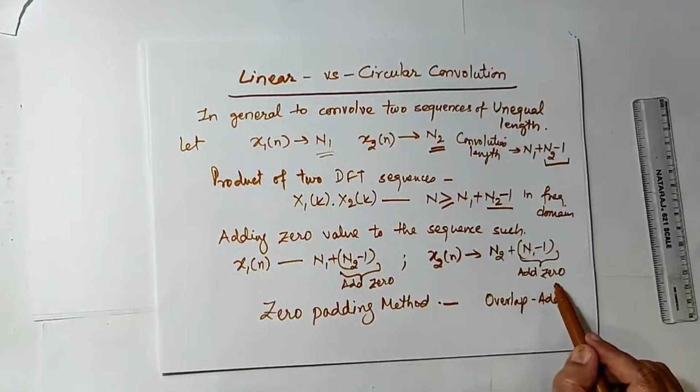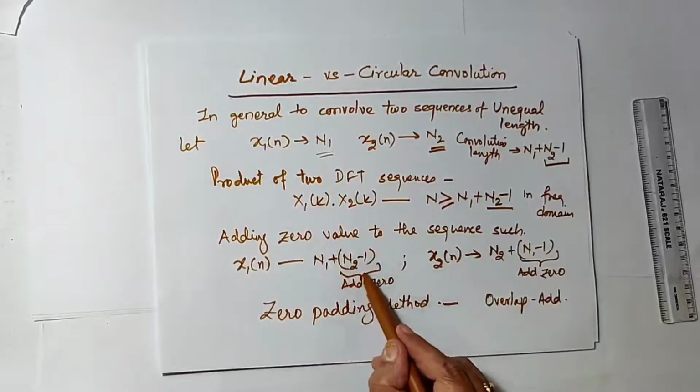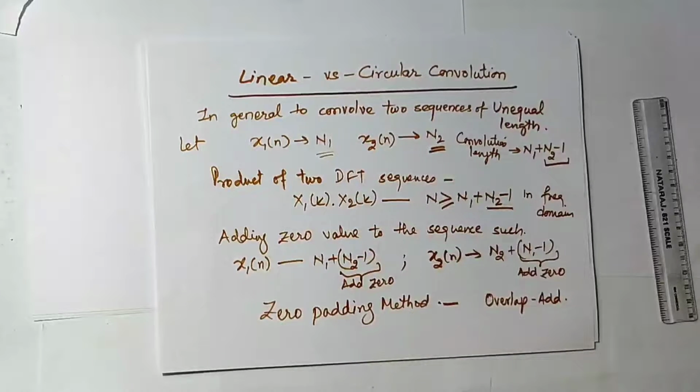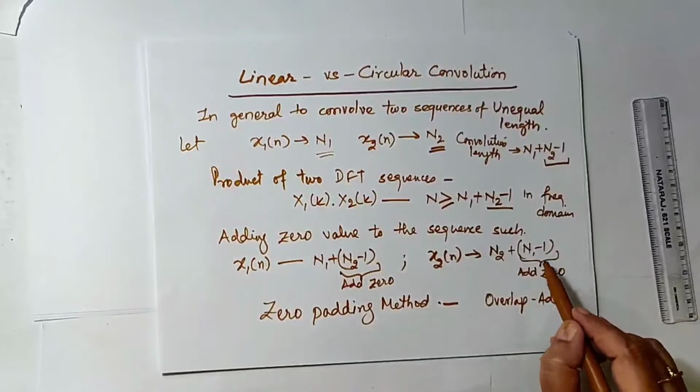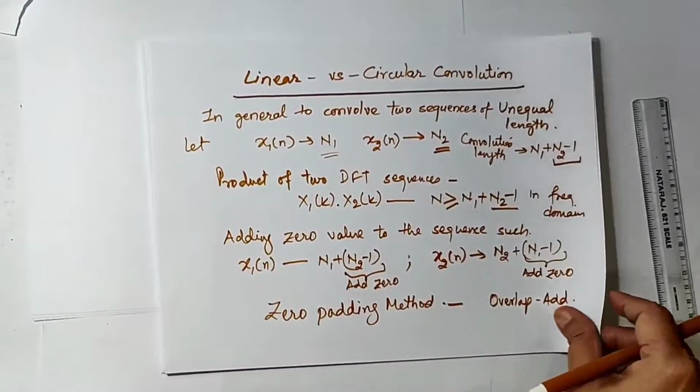The number of samples of that sequence will be this. By putting these values, it does not make any difference in the information of the sequence of a system response. So what we do by changing this value?